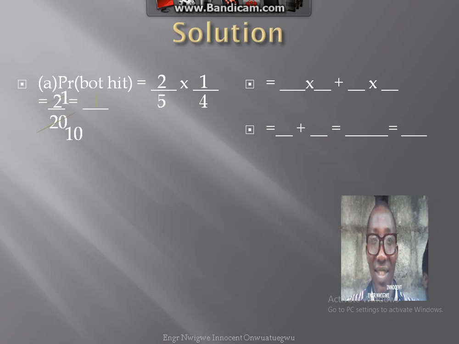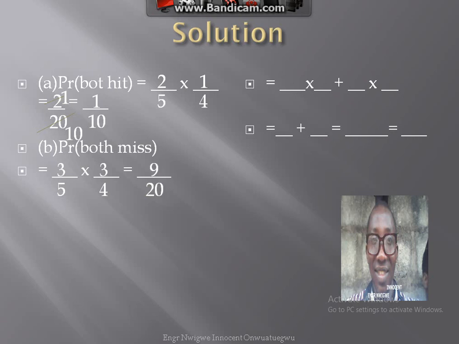We now have 1 over 10. The probability that both miss the target: the probability of P missing is 3 over 5 times the probability of Q missing the target, 3 over 4, which will give us 9 over 20.